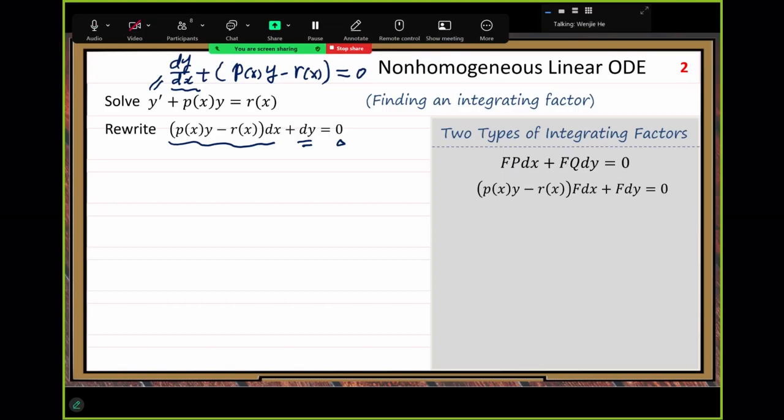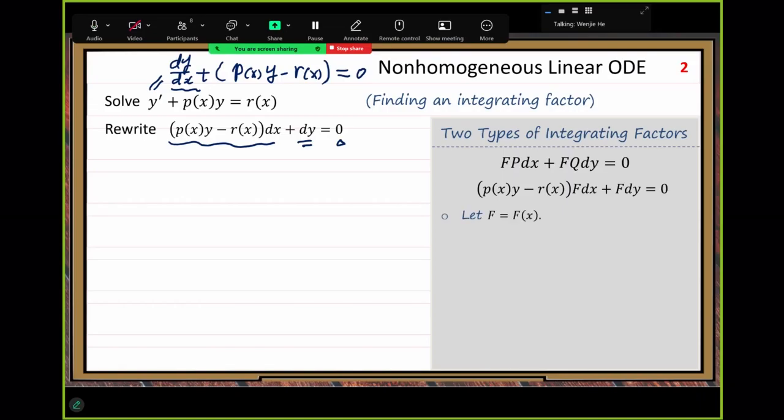So we are here. But we need to determine that f. When we determine f, we know there are two simple ways we can try. The first way, f is only a function of x. The second, f is a function of y. Two possible ways.